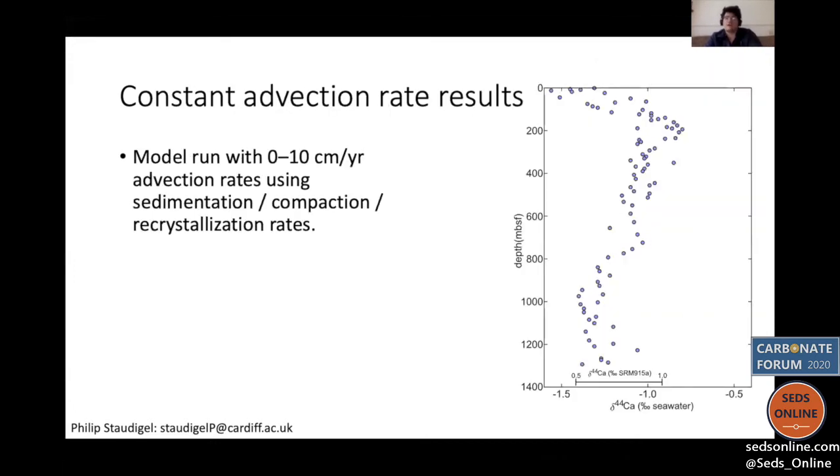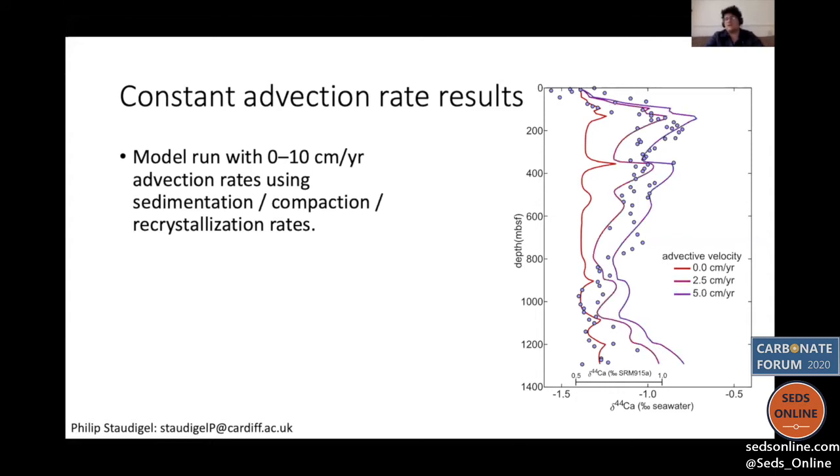So these are the calcium isotope ratios. When we feed these recrystallization rates into the calcium isotope model, we output a number of scenarios where we force advection rates between 0 and 10 centimeters per year fluid infiltration rate. This is the output for 0. As you can see, it doesn't really change all that much.